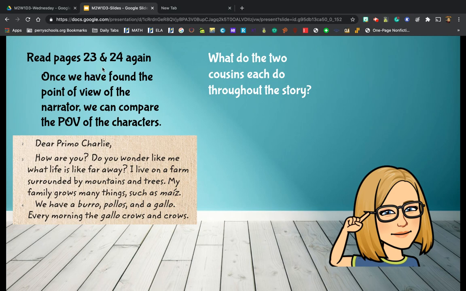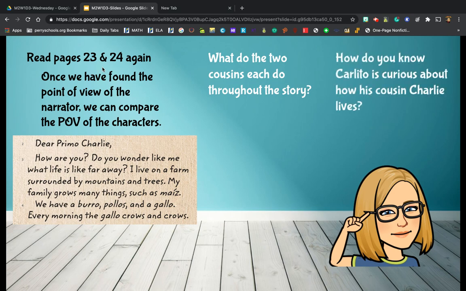And so I want to think about, what do the two cousins each do throughout the story? Well, throughout the story, each cousin is writing to each other, and they are telling about their life, what they do, where they live, and the things that they do in their life.